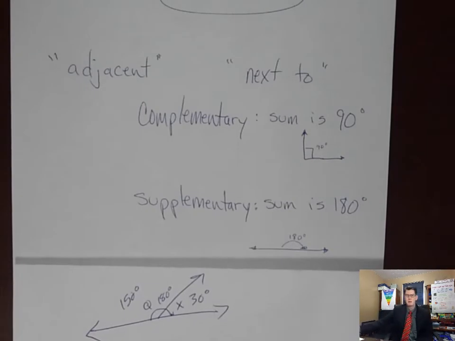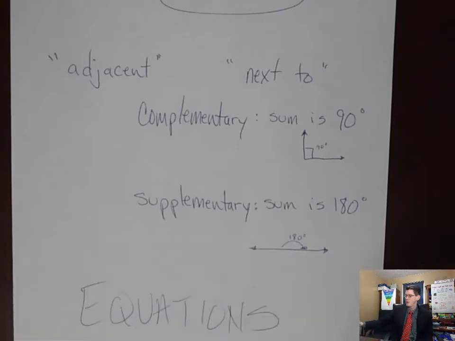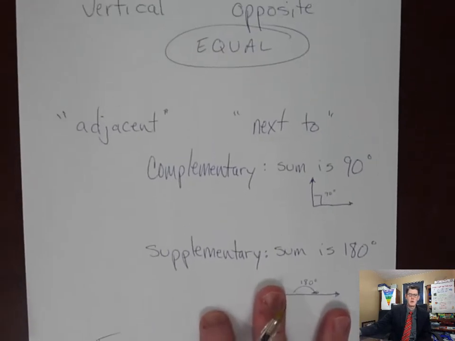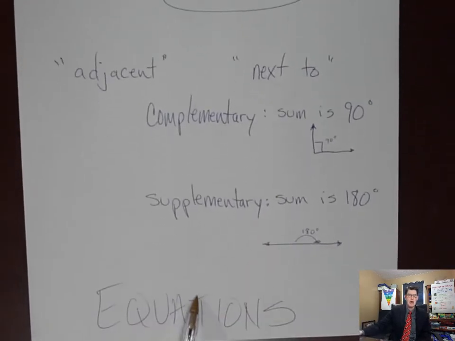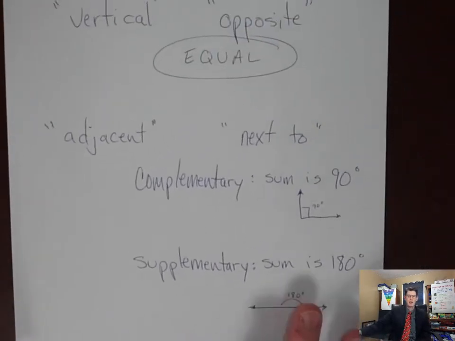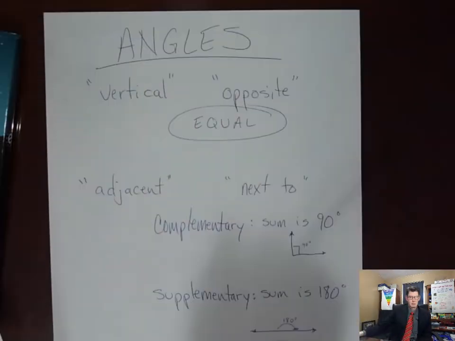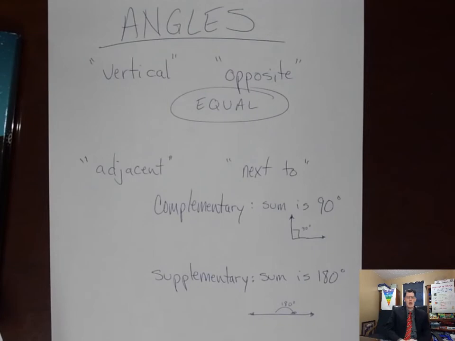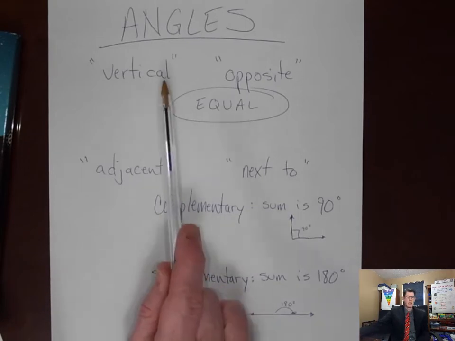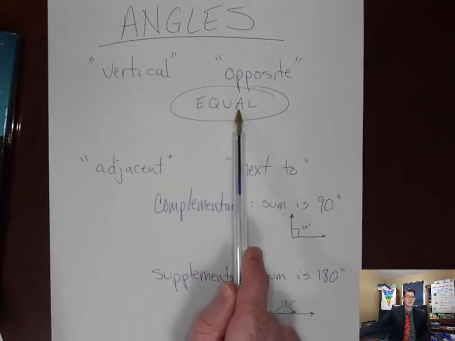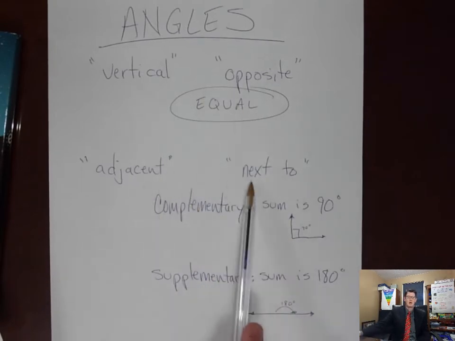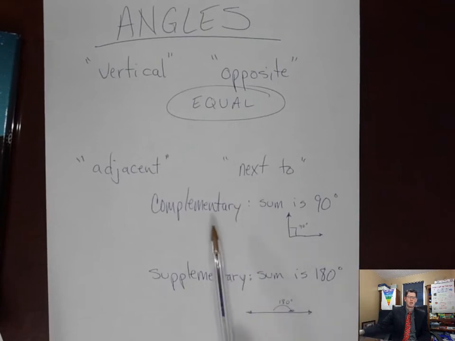So to be able to do today's assignment, the equations you're going to be asked to do are based on this information right here. There you have it. Push pause, write down these notes, this understanding that vertical or opposite angles are equal to each other, and that adjacent or next to angles could be complementary.